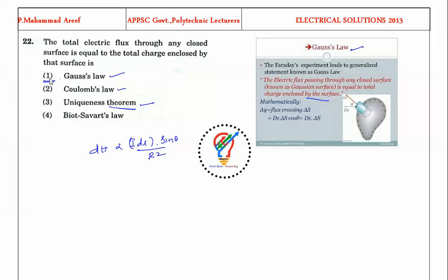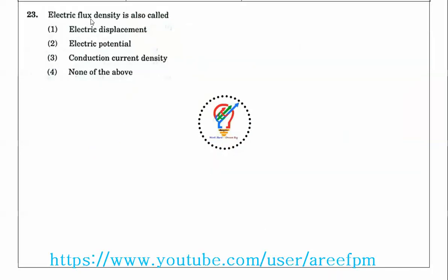Next question. The next question here is, the electric flux density is also known as. So electric flux density is given by letter D, which is nothing but electric flux divided by area. The units are flux per meter square.